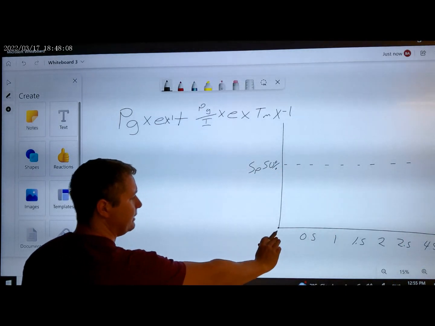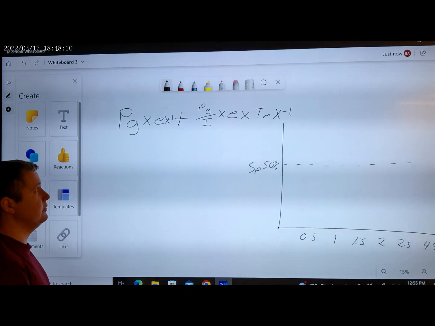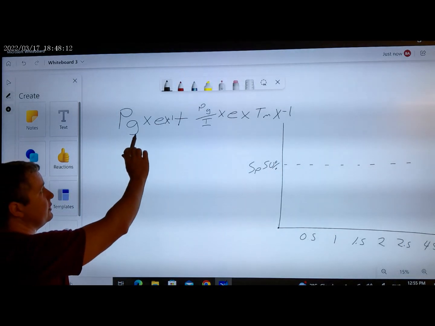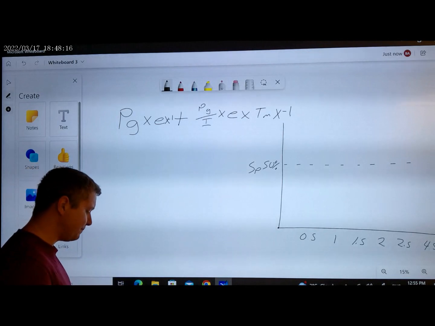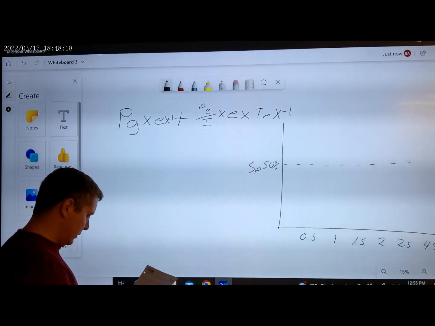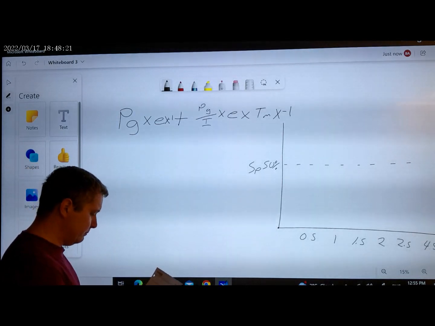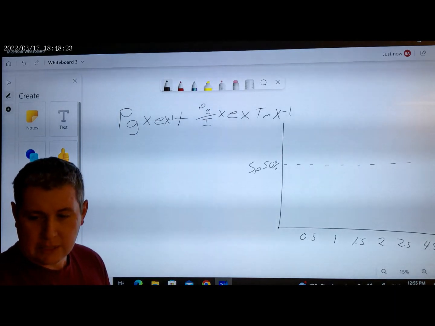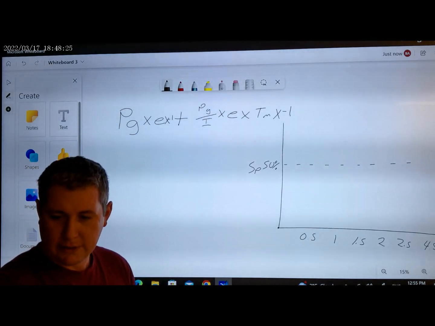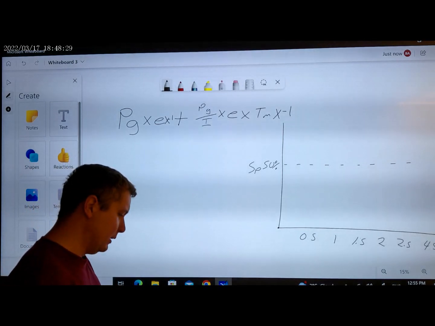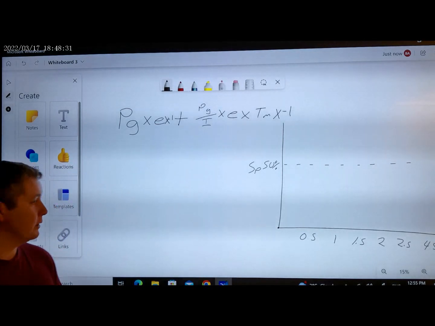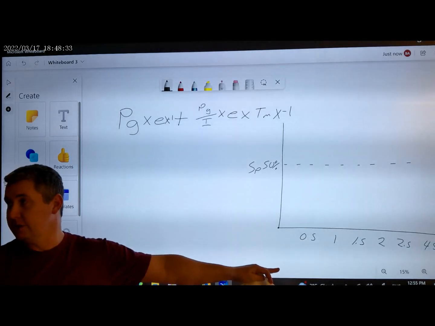Now, in order to calculate our first value, we're going to go proportional gain times our error times 1. The one thing I didn't do was actually write down what I did, so I wrote it down right here. Sorry, the numbers at the bottom are seconds? Those are minutes. We're always dealing in minutes.